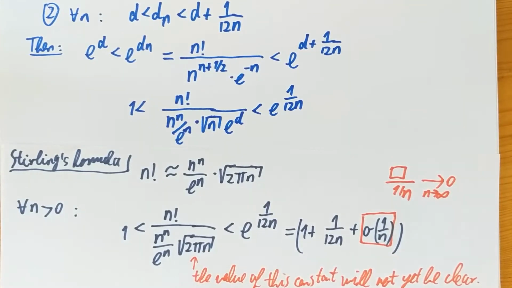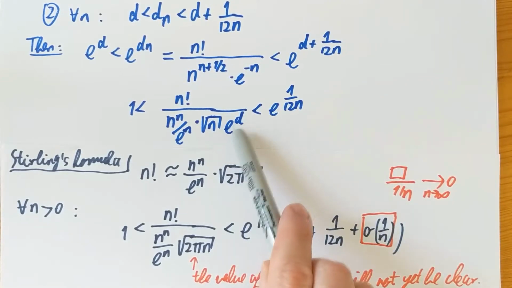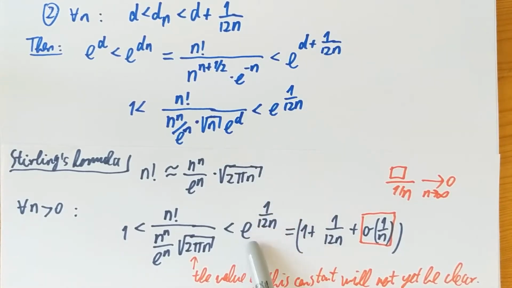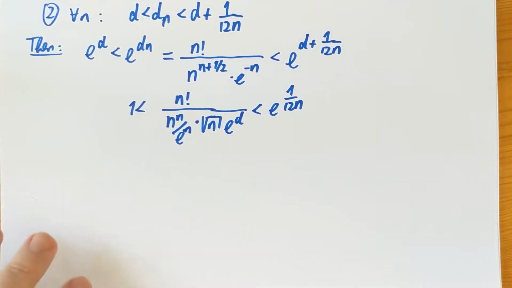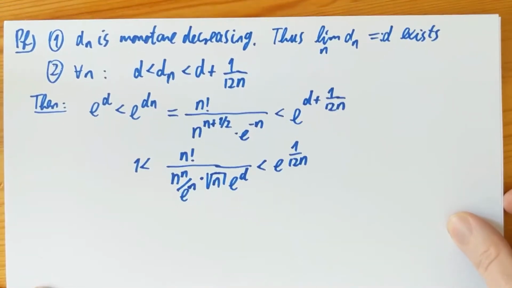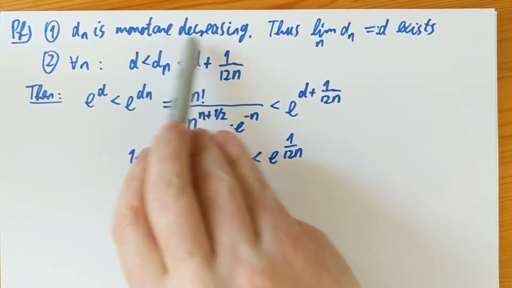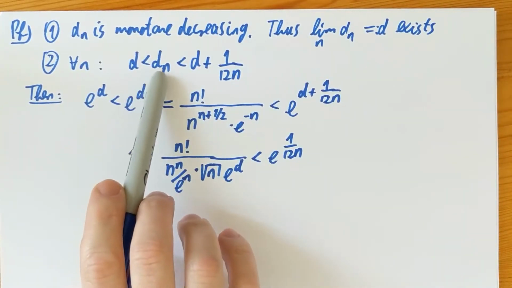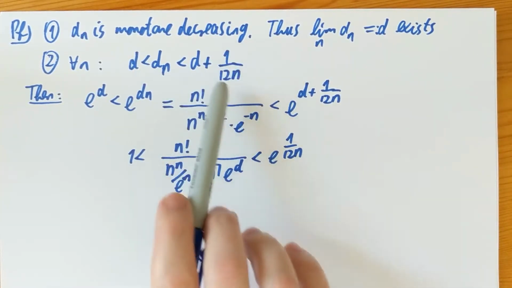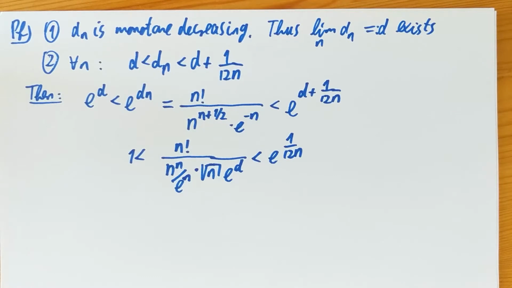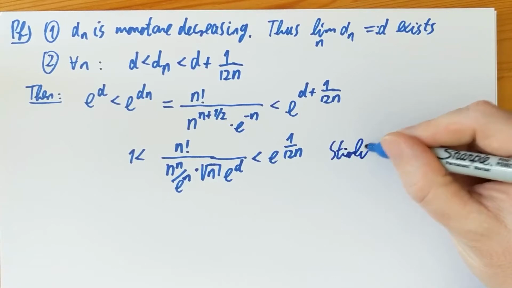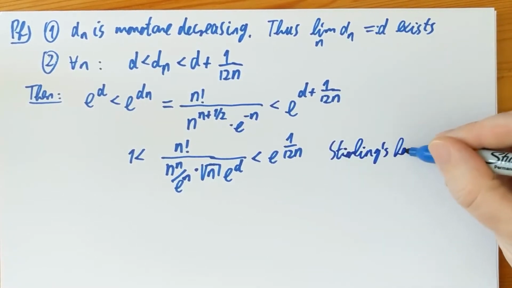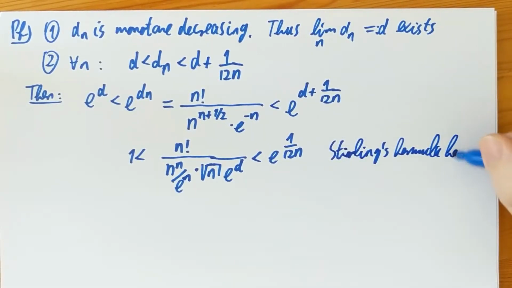So this proof will not show what the value of this constant is, that comes later, but there's going to be a constant with which it works, and on the right hand side I have the same bound. Okay, so the first step of the proof was to realize that if I prove that dn is monotone decreasing, and if I prove that dn is never larger than this limit plus 1 over 12n, then the statement follows. So Stirling's formula, except for the value of the constant, follows.